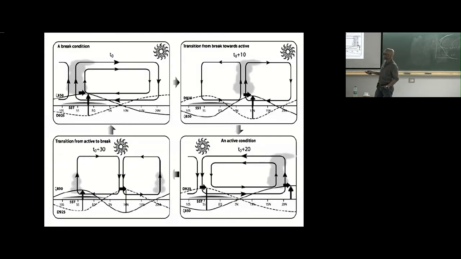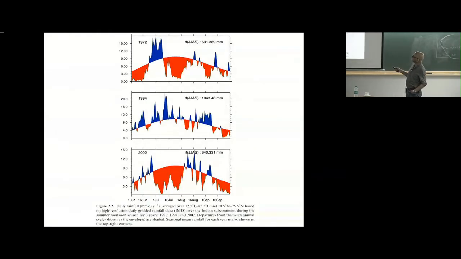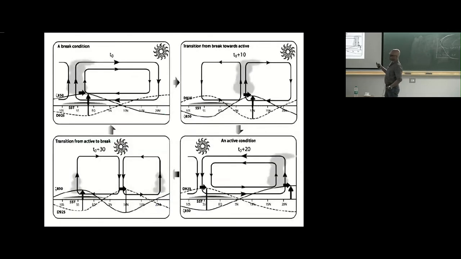So this is kind of a 10 to 30 day cycle, or 30 to 60 day, depending on these various time scales we see here. So this is 30 to 60 days, this is 10 to 20 days. So there are multiple time scales at which this kind of northward propagation occurs.